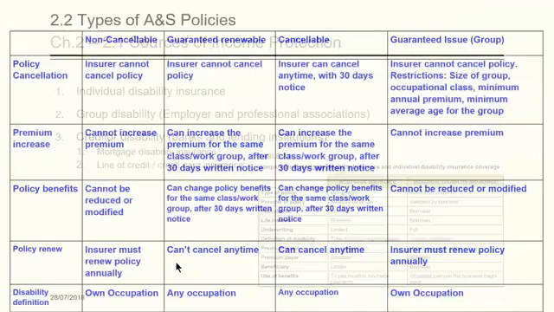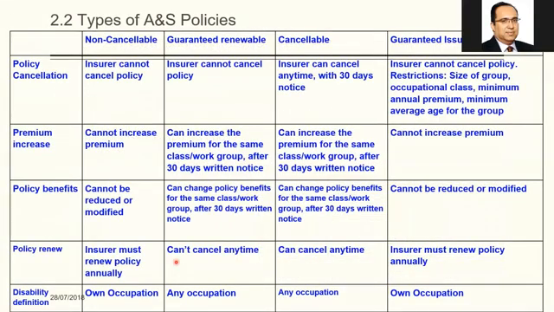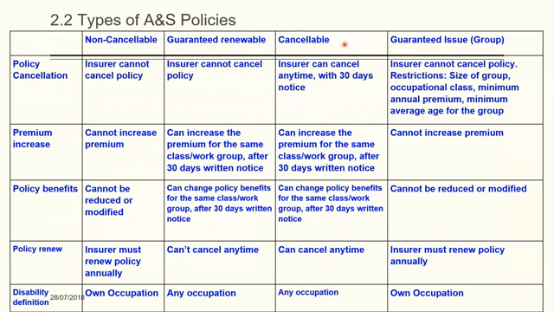Then these are the different types of accident and sickness policies. The first three in the column are non-cancelable, guaranteed renewable, and cancelable. These are the three main types. The guaranteed issue is only under group insurance. Under the individual policies, these are the three types.